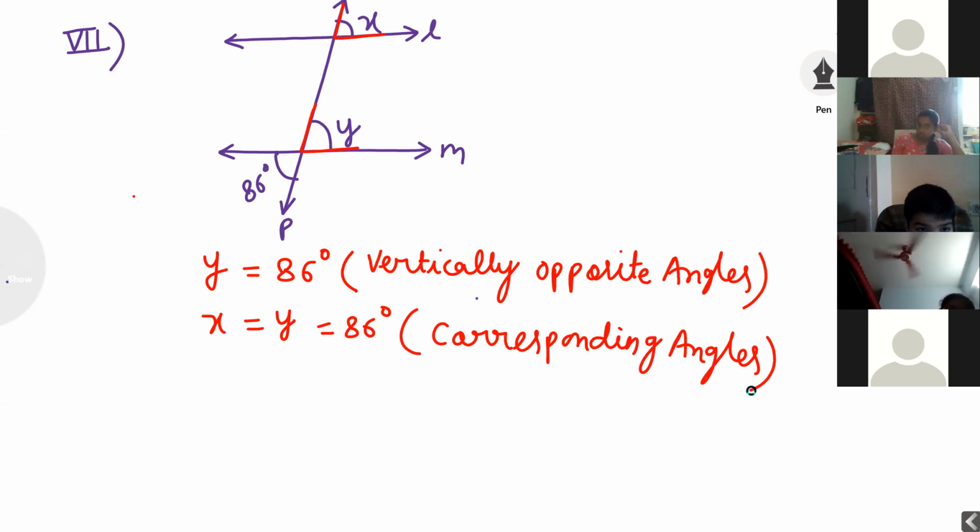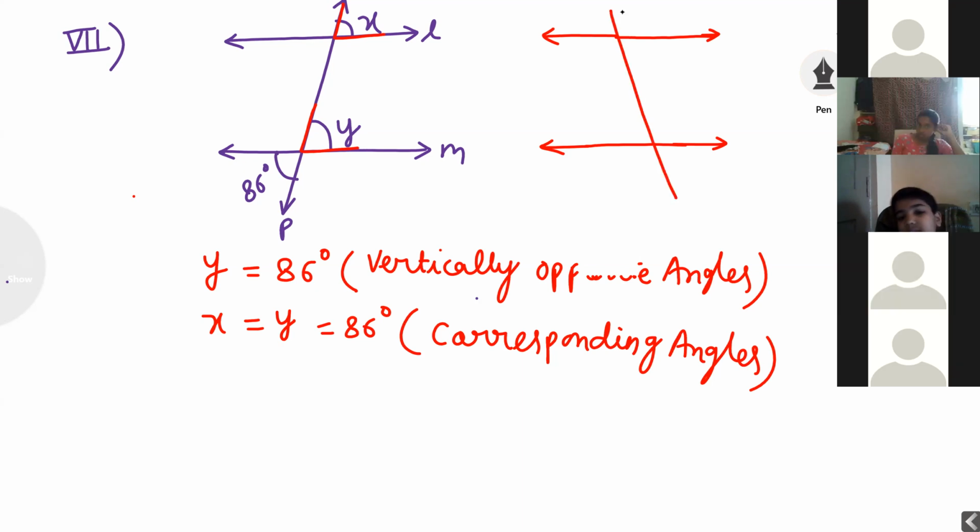Second question. Line L, M, P. This angle he has given 110.